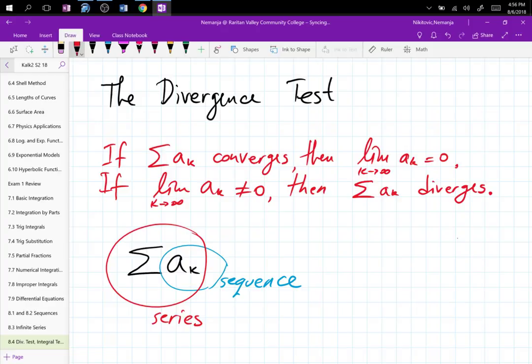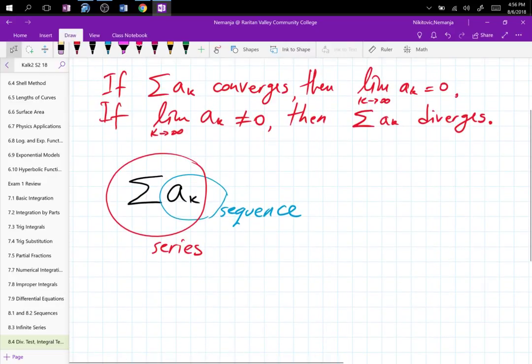You should never look at the sequence and make conclusions about series, because that's very dangerous, except in the case where you are looking for divergence. So technically what it says is that if the limit of the sequence is not 0, then the series definitely diverges.